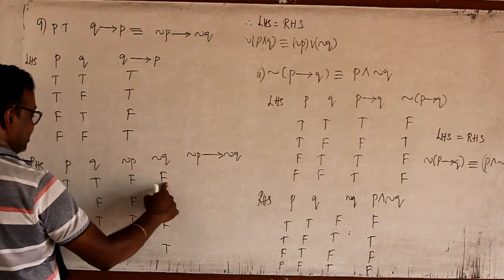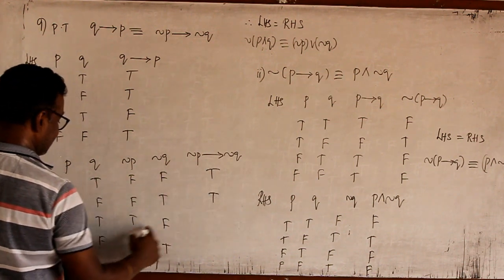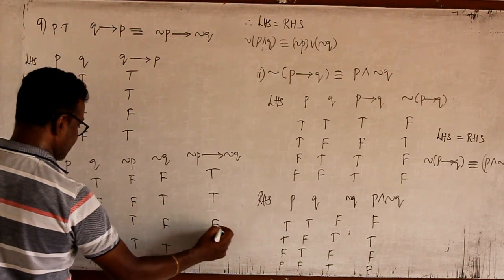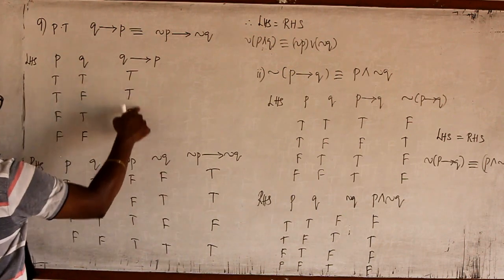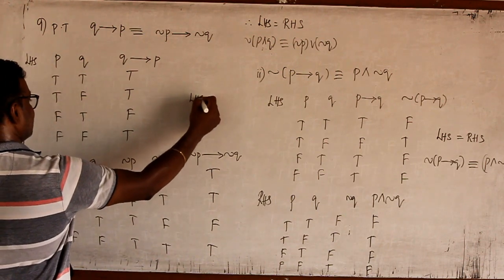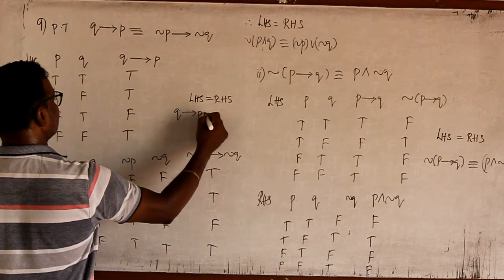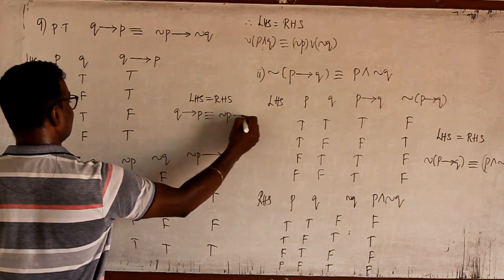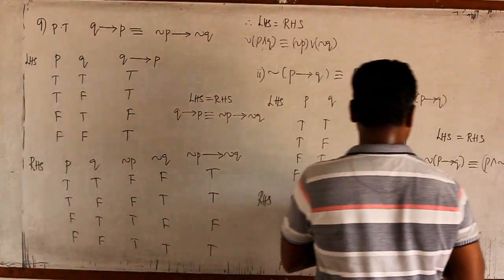Then I must divide these: 0 by 0, remember true; 0 by 1, remember true; 1 by 0 is infinity, so false; 1 by 1 is 1. Now see, LHS equals RHS, therefore Q then P is equal to negation of P then negation of Q. With that, the 9th problem is over.